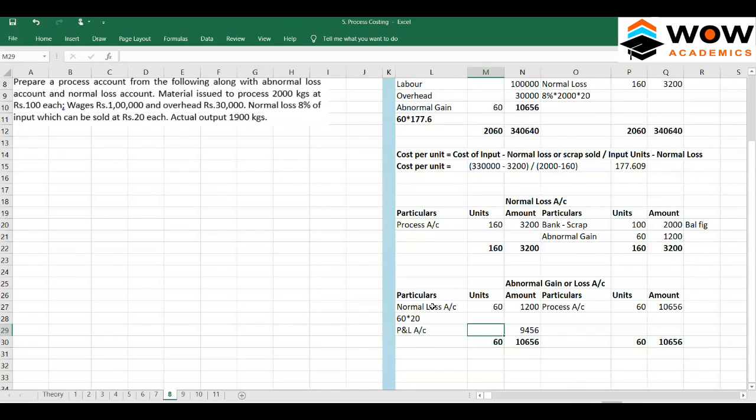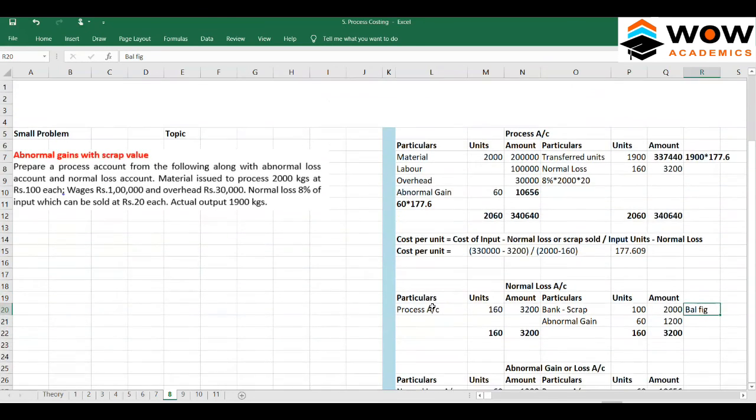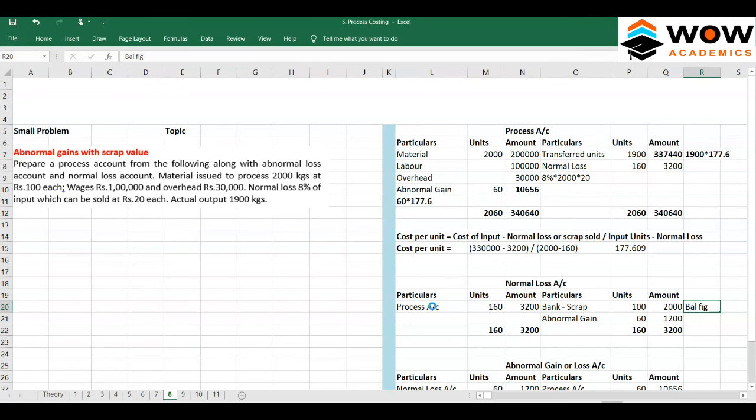So this is a balancing figure, 9456. This is a gain that we could send to the P&L account, and this is a scrap value we have gained. So that's about the abnormal gains with scrap value problem.